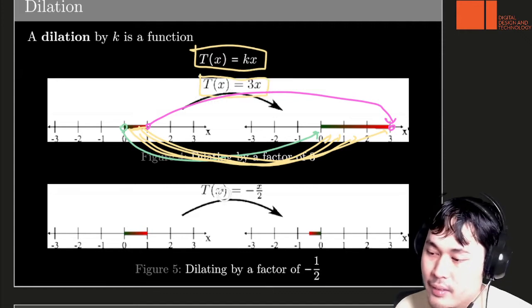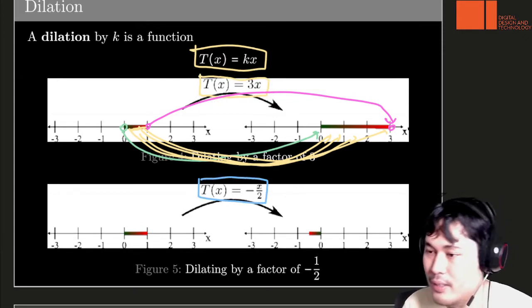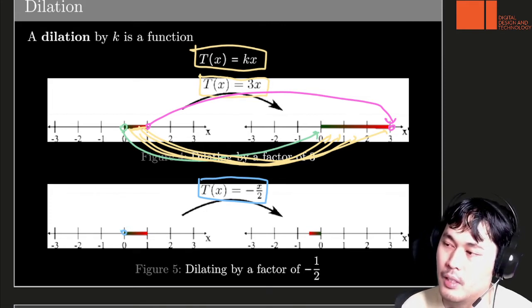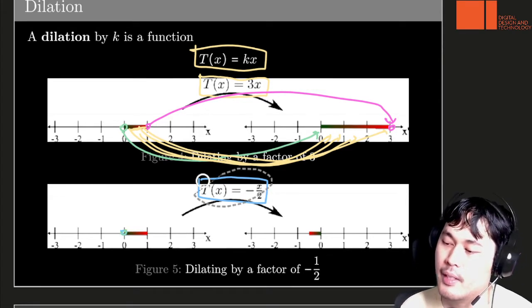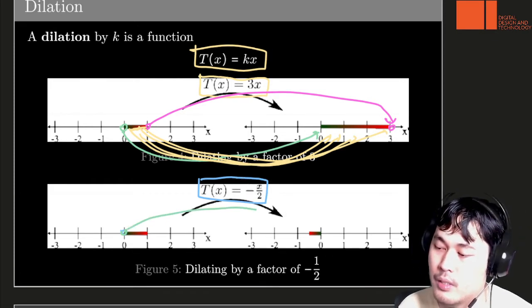But on the other hand, if the number is negative, then similar to before, if you consider each point separately, if you start at 0 and look at this formula, if x is 0, then after the transformation we get a new point which is 0.